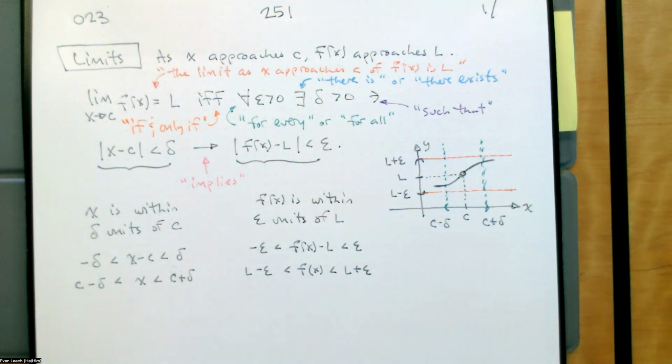So what we need is that f of x enters this intersection crossing a green line and exits the intersection crossing a green line.